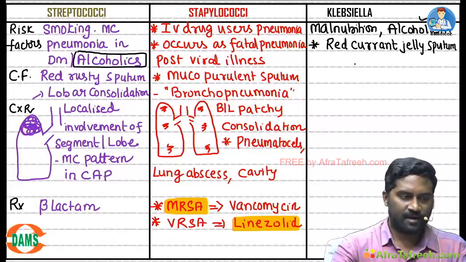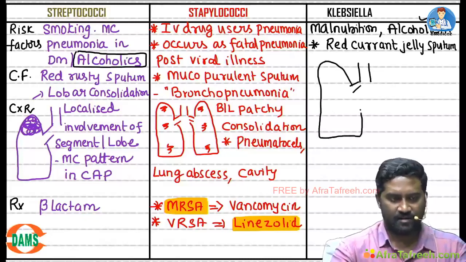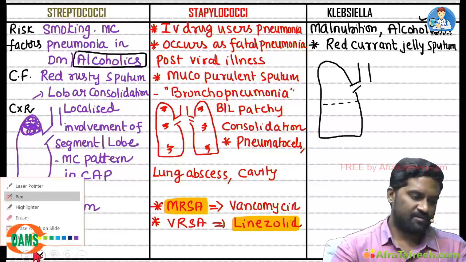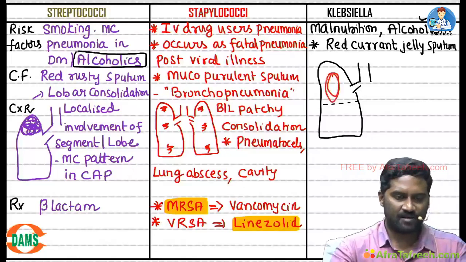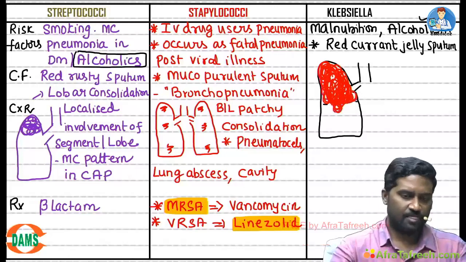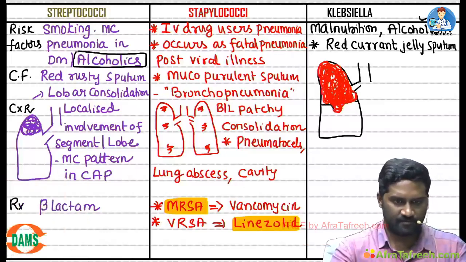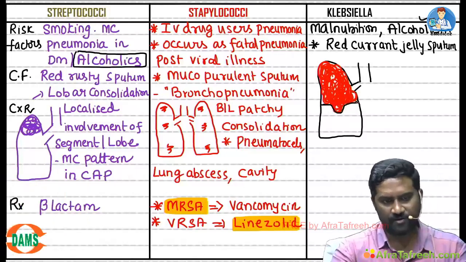Coming to the classical chest X-ray finding. Consider this is the lung, especially the right lung. In the right lung, there will be a horizontal fissure. Klebsiella causes dense right upper lobe consolidation, very heavy consolidation. Because of this huge consolidation, the horizontal fissure which was straight previously will slightly bulge down like this.